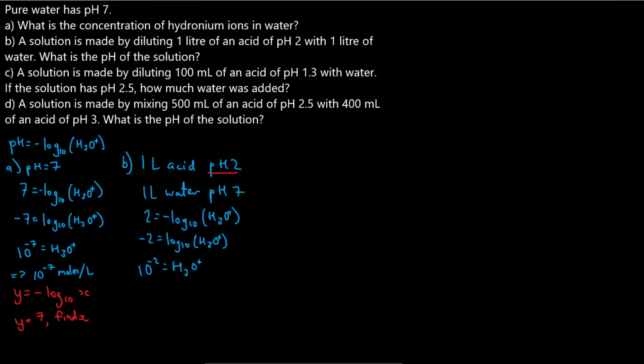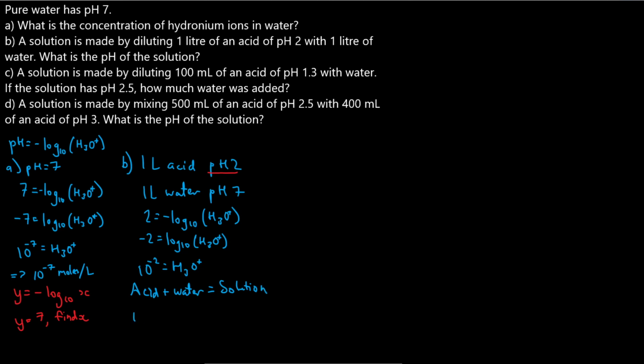Now if you add those two together, because you're pouring 1 liter of acid with 1 liter of water to get the solution, we want to find the pH of the solution. So if we say the acid plus the water will equal the solution, because that's what's happening. We're adding the acid and the water together.